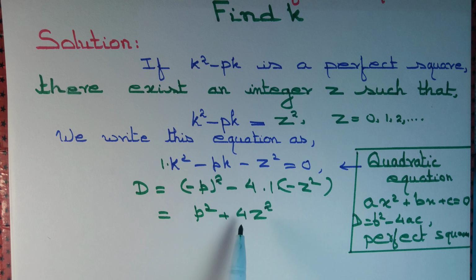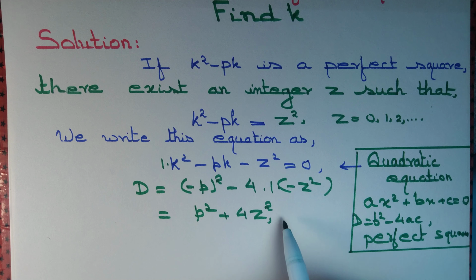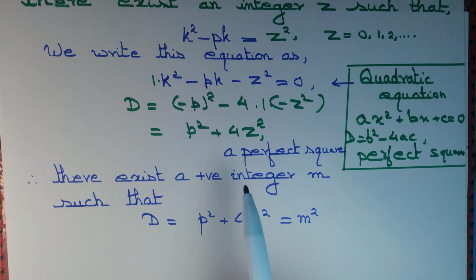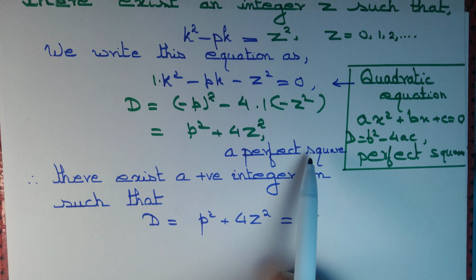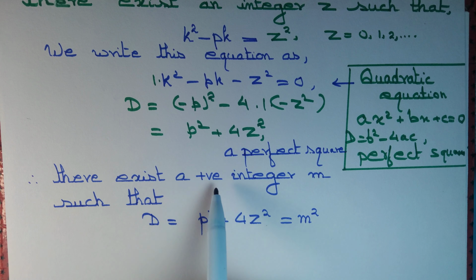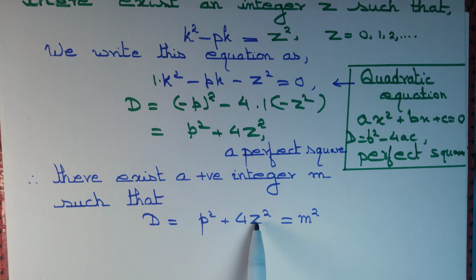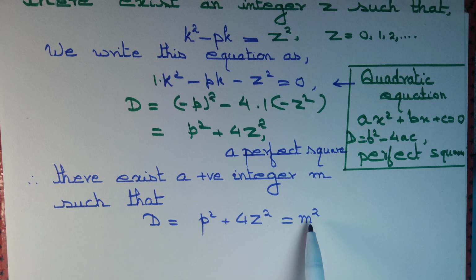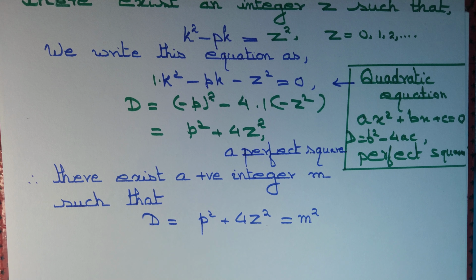Since d has to be a perfect square, there exists a positive integer m such that d equal to p square plus 4z square equal to m square.